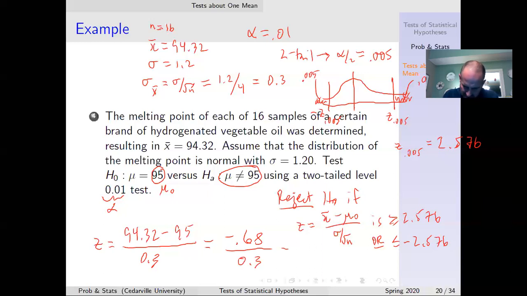Let me get my calculator. Negative 0.68 divided by 0.3, I get negative 2.267.